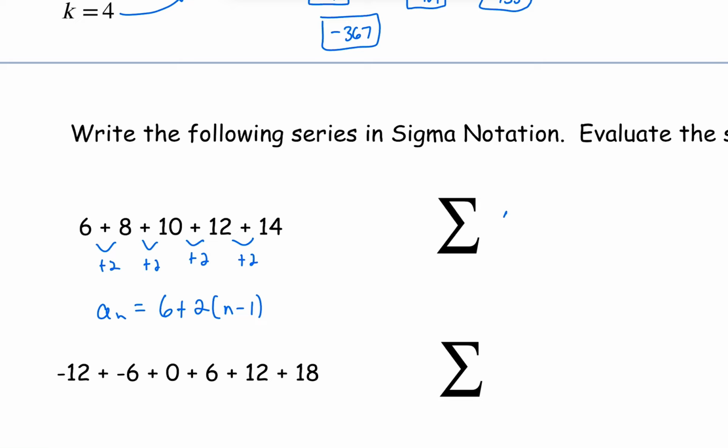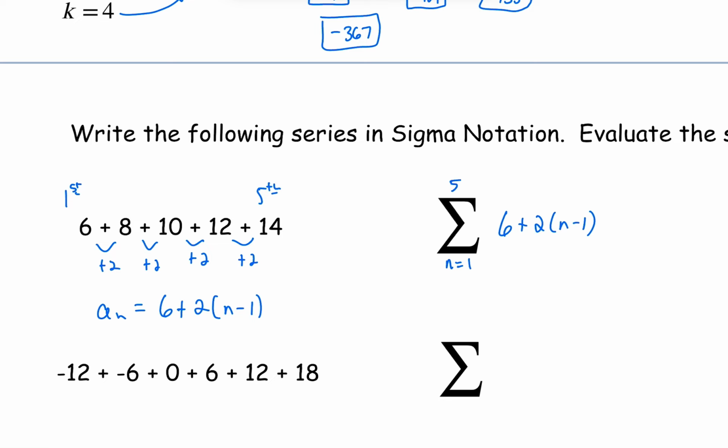So that's what we're going to put out here. 6 plus 2 times n minus 1. But the question is, how do we know where to start and where to stop? Well, it's not too bad. We're going to start at 1 because this is our first term. And then this is our fifth term. So we're going to stop at 5.